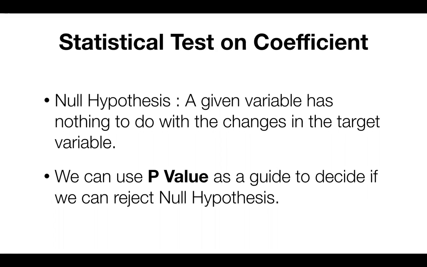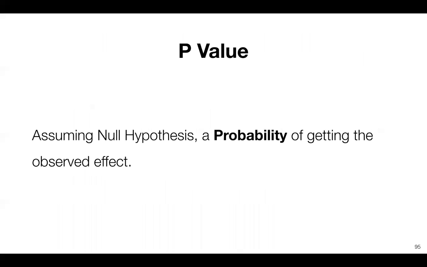If we assume that null hypothesis and still get a coefficient of, say, $400 or something like that, then by doing this statistical test we can get something called the p-value, which is the probability of getting the estimate, in this case the coefficient, assuming the null hypothesis.